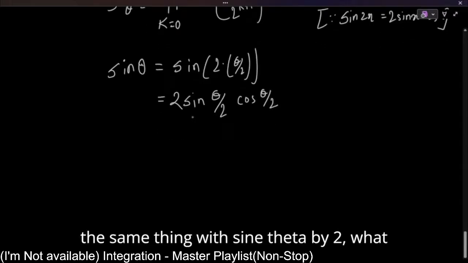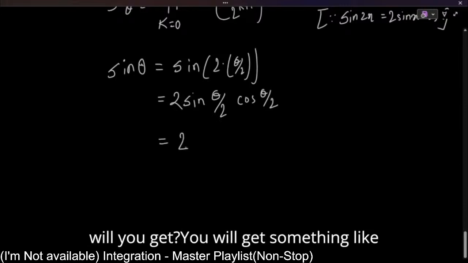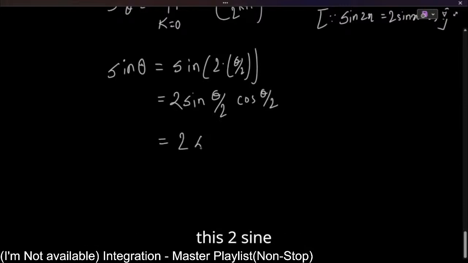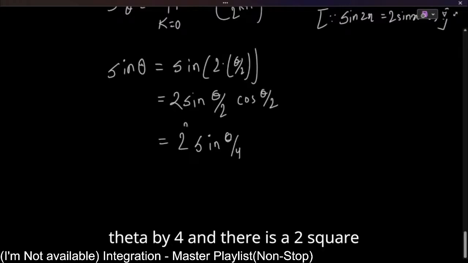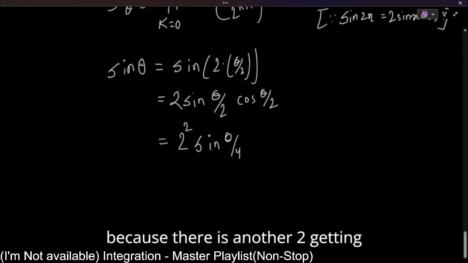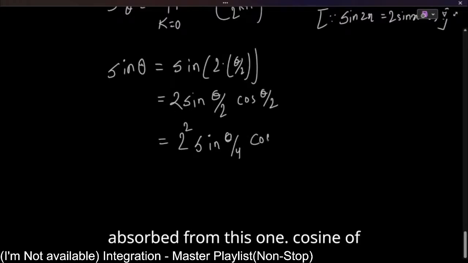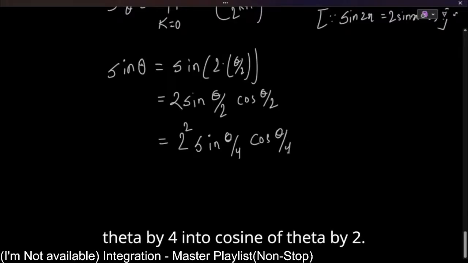Again, do the same thing with sine theta by 2. What will you get? You will get something like this. 2 sine theta by 4, and there is a 2 square because there is another 2 getting absorbed in this one. Cosine of theta by 4 into cosine of theta by 2.